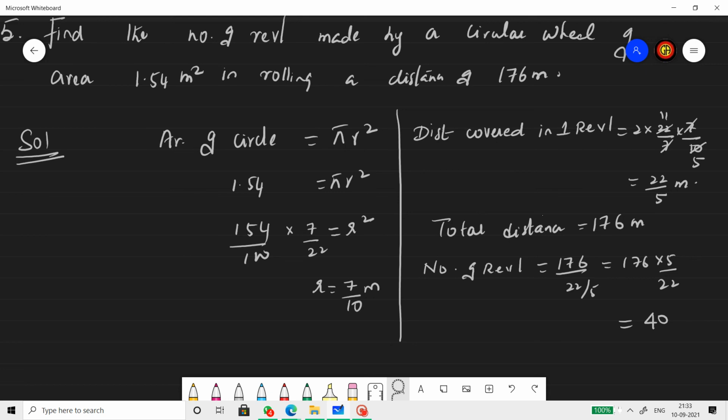Number of revolutions equals total distance covered divided by distance covered in one revolution. So 176 by 22 by 5 works out to 40. So the number of revolutions made is 40 revolutions in order to cover a distance of 176 meter.